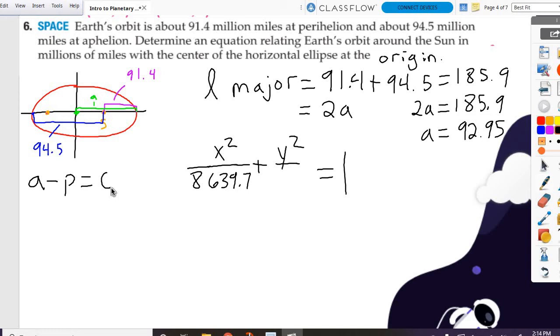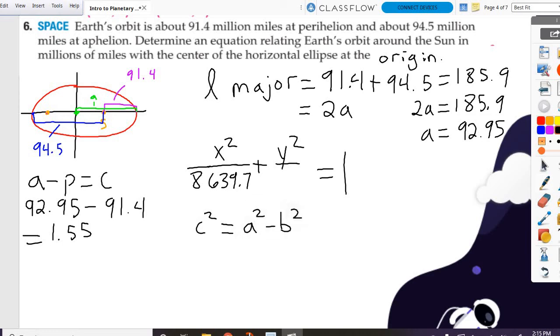So we would take our A value, which is 92.95, and subtract our perihelion value, which was 91.4, and we get 1.55. Now remember that that's not our B value, that's not what we want to plug into our equation, but remember that we had this C squared equals A squared minus B squared relationship, and so this is going to allow us to solve.